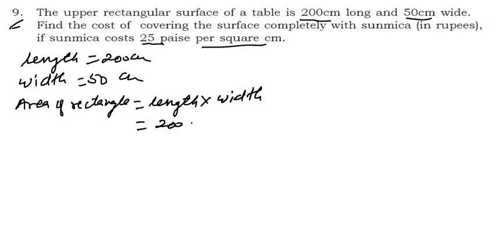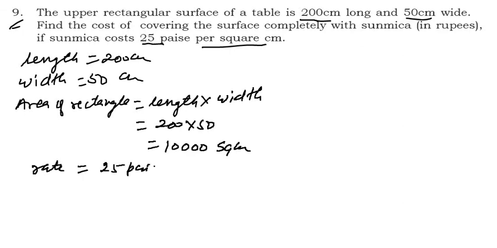Length is given as 200 centimeter and it is 50, and it is 2 fives are 10, and how many 0? 1 2 3 zeros, and it is square centimeter. Rate is given as 25 paisa per square centimeter. So we can change into rupees, so it is 0.25 rupees per square centimeter.